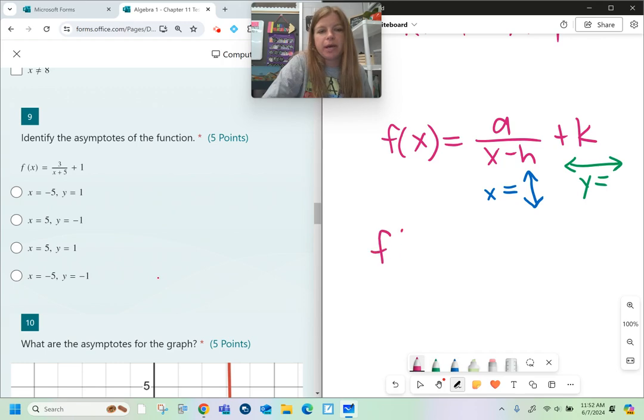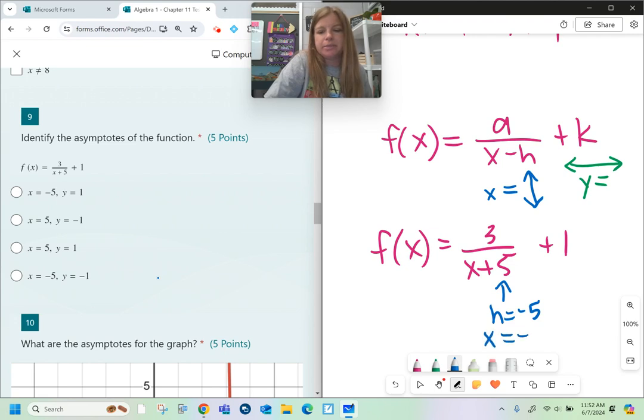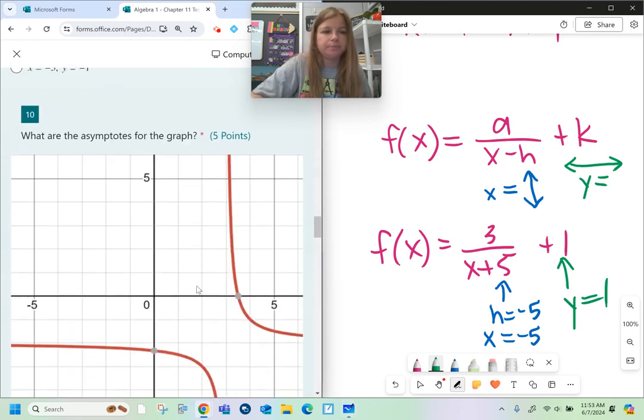So when I give you f of x equals 3 over x plus 5 and then plus 1, I know that my h value, h equals negative 5. So that means my vertical asymptote is x equals negative 5. That would be the vertical line that sneaks in right between those curves. And then my horizontal asymptote is my k value. So since my k is 1, my horizontal asymptote would be y equals positive 1. So negative 5, positive 1.